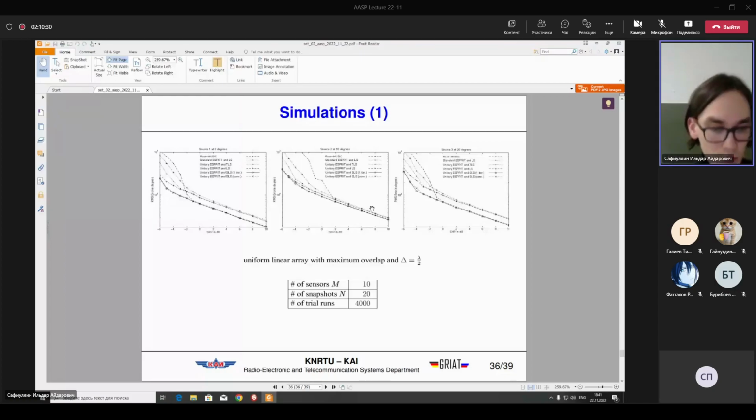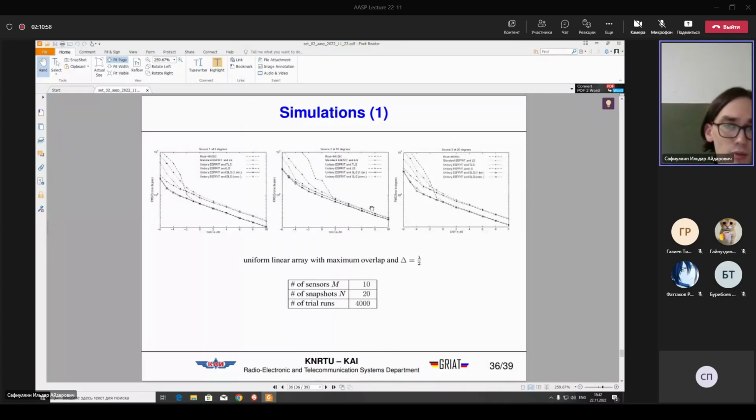So what do we have here? We have a uniform linear array with maximum overlap, and the spacing between elements is equal to lambda over 2. The number of sensors is equal to 10. In this case, the number of elements in subarrays is equal to 9.